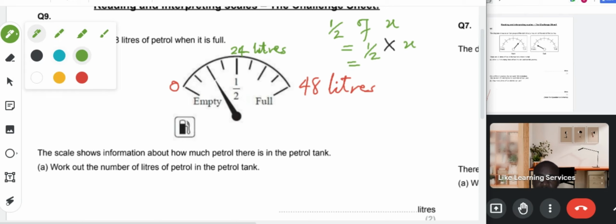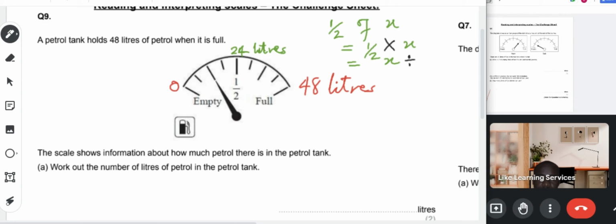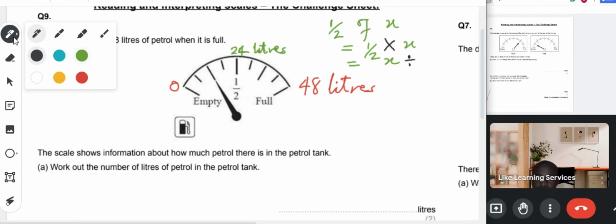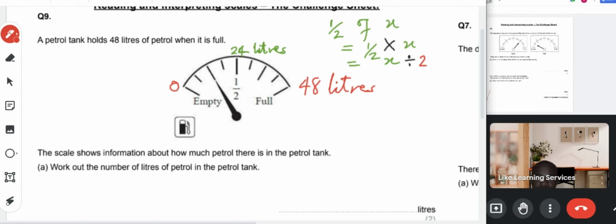Wait, so 24. Are you getting something? Wait.